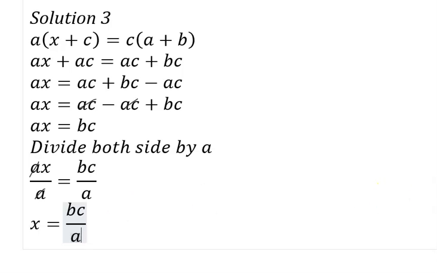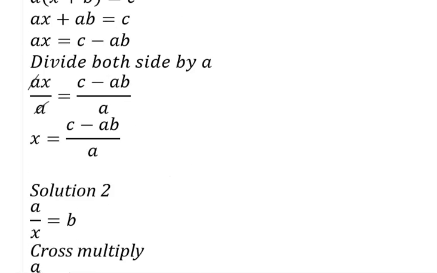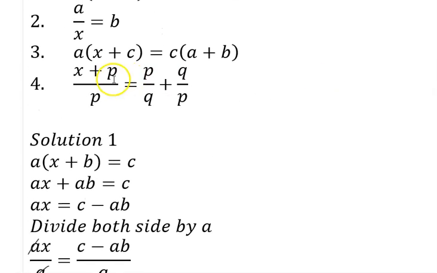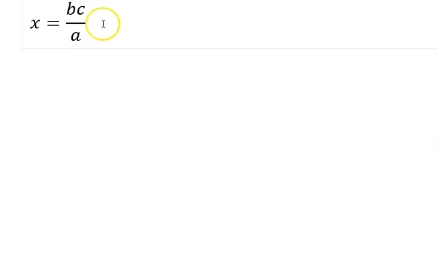So let's dive straight to question number 4, which is the last question. Don't forget, we have to make X the subject of the formula. So we say solution number 4.